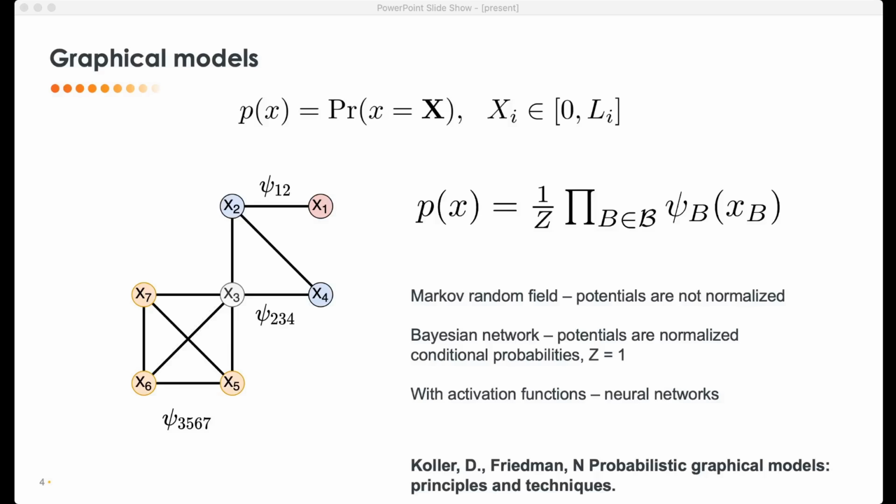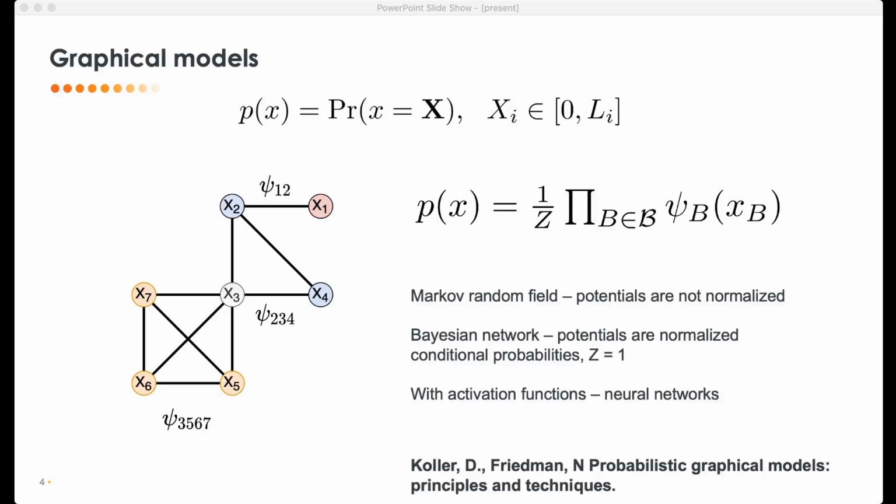Markov random fields are widely used in physics, and for example, an Ising model is a Markov random field. Another type of models are Bayesian networks, which are generally used in statistics, and in Bayesian networks, these potential functions psi are exactly normalized conditional probabilities.